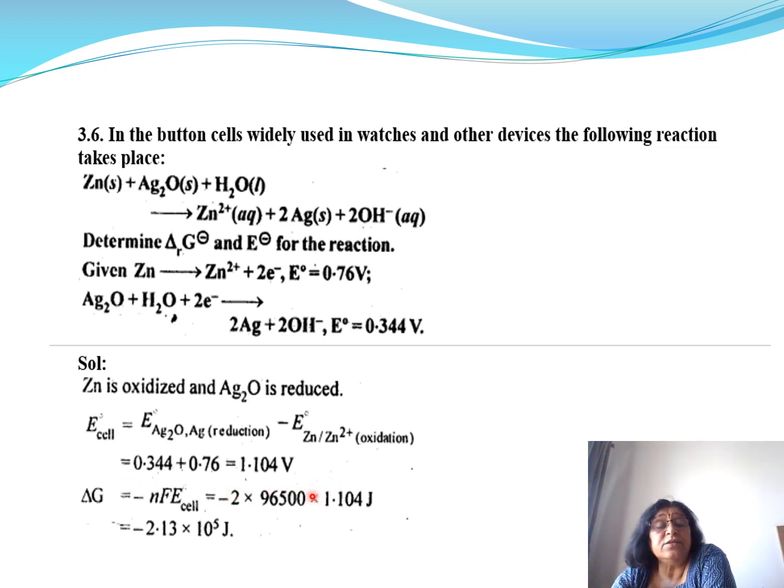Once E naught cell is calculated, we can calculate delta G naught by the formula delta G naught equals minus nFE naught. So n is 2 because the electrons transferred are 2. So 2 into 96500 into 1.104. That means 2.13 into 10 to the power of 5 joules. Clear?